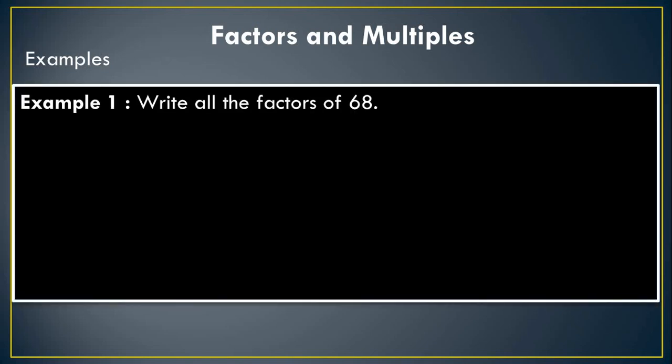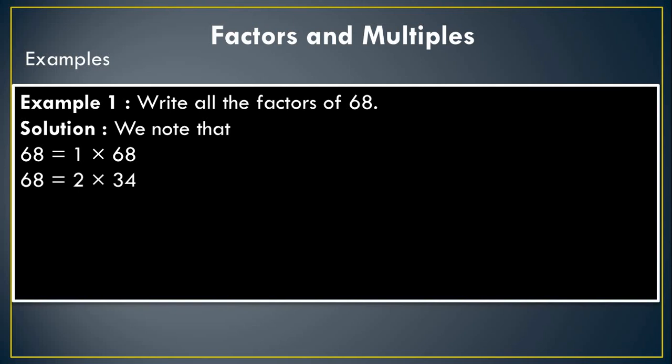We will take some examples. Write the factors of 68. So here 1 into 68 is nothing but 68. So 1 is a factor, it is a common factor. Then 2 into 34. So here 2 and 34, these are the factors. Then 4 into 17, so both are factors. 17 into 4, this we have already done, but just changed the order.